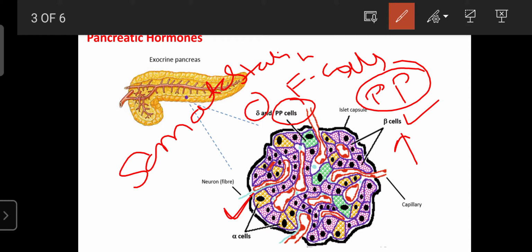As well as somatostatin, it can suppress the release of insulin from the beta cells.